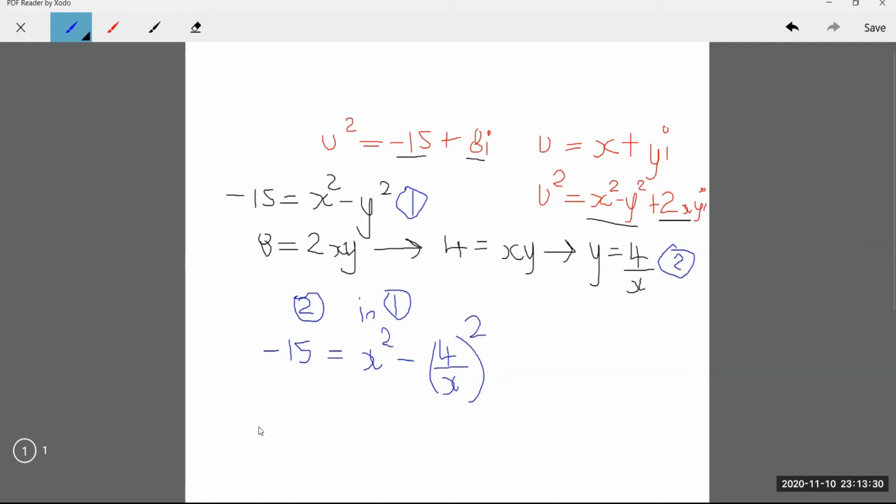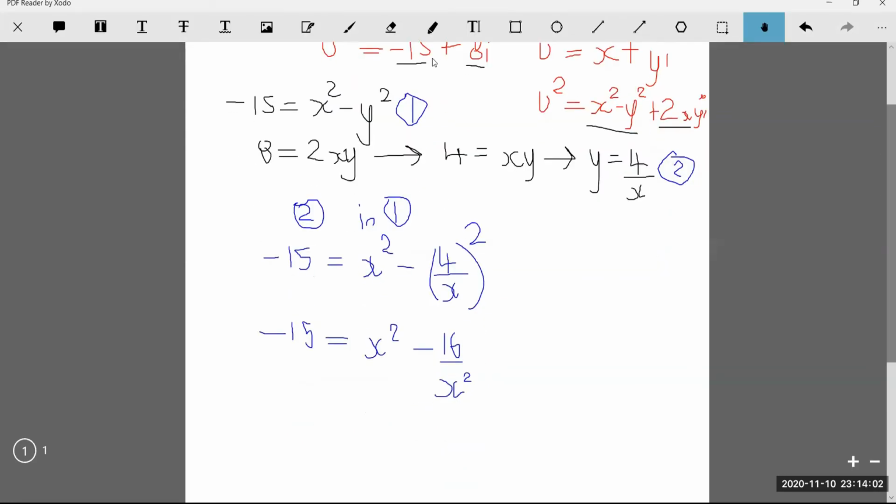And so what we're getting is negative 15 is equal to x squared minus, now this 4 squared right here becomes 16 over x squared. Nice. So that's what we have now.